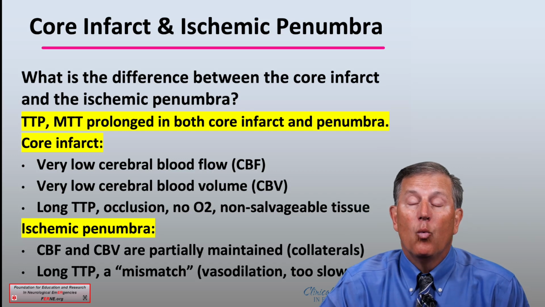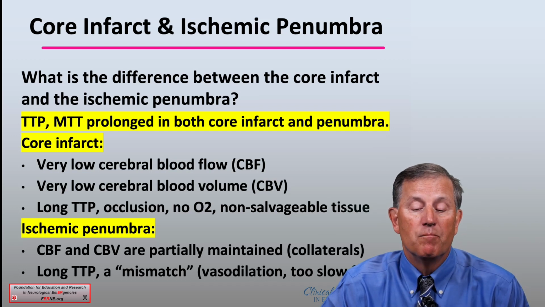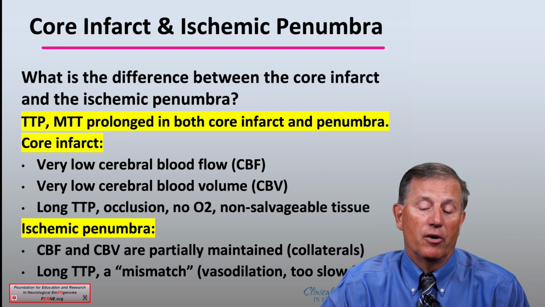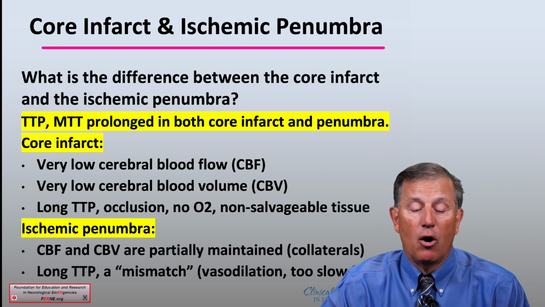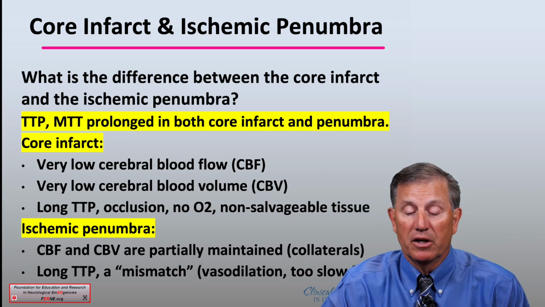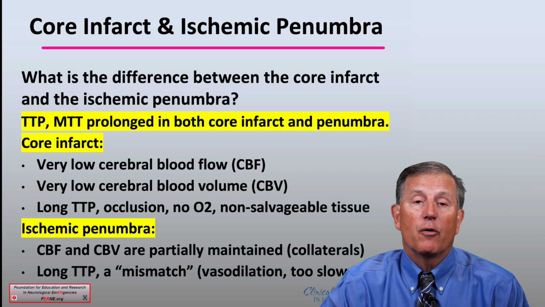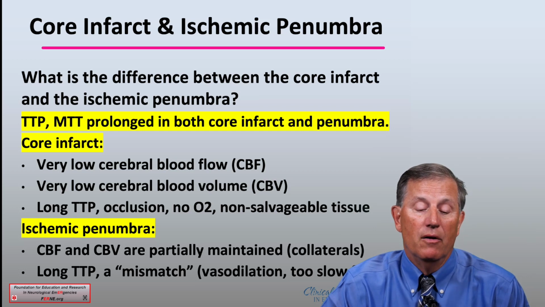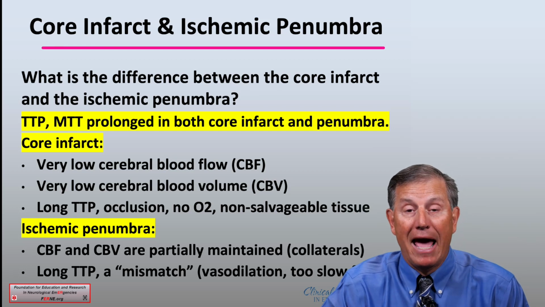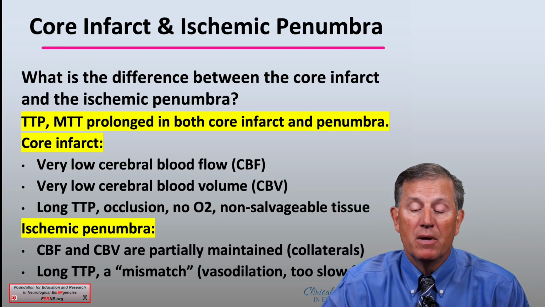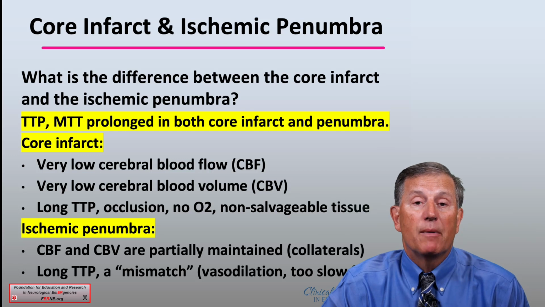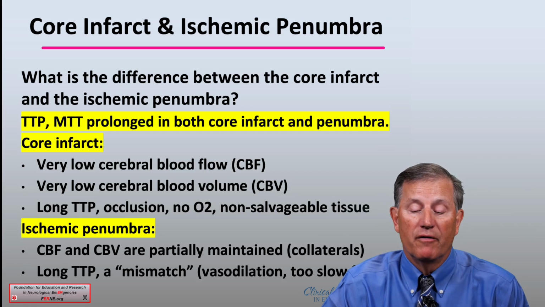In other words, when there's a low flow state and there's low blood volume in the area, it is likely now a core infarct. The difference with the ischemic penumbra is that the cerebral blood flow and the cerebral blood volume are partially maintained, often due to collaterals. And even though there is a long time to perfusion, the mismatch with the presence of adequate or nearly adequate blood flow and blood volume suggests that this ischemic penumbra may benefit if you can resolve the clot.